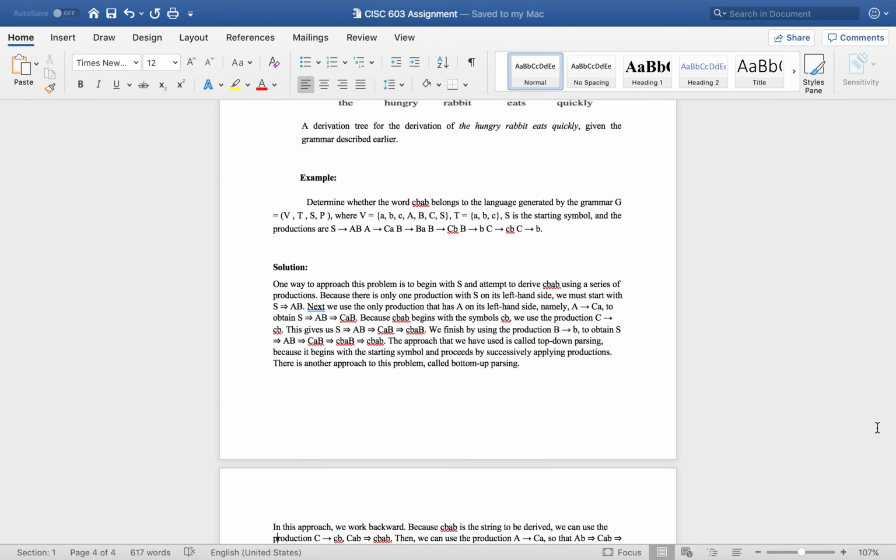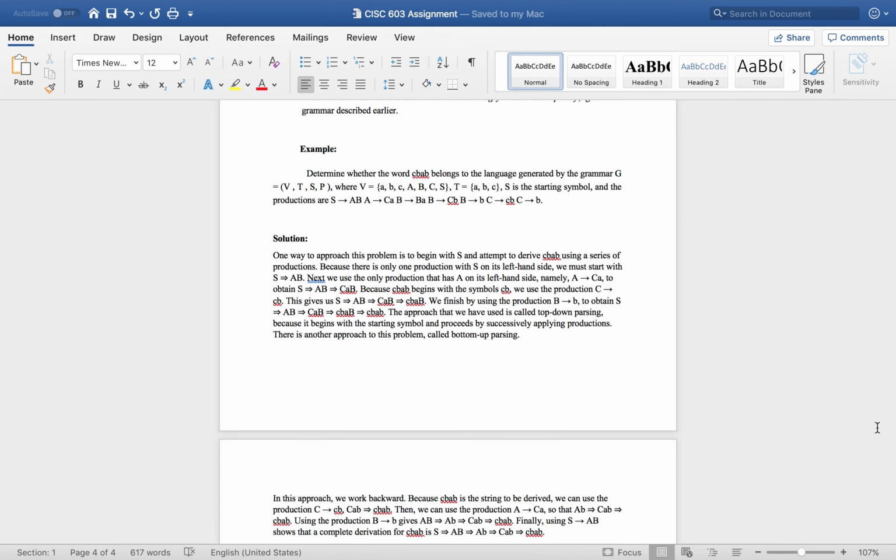The productions are S produces AB, A produces CA, B produces BA, B again produces CB, and so on. Now, how can we find out that this is proper? One way to approach this problem is to begin with S.